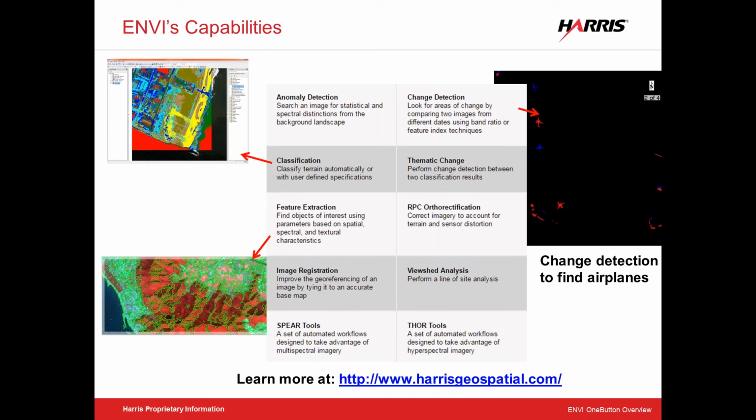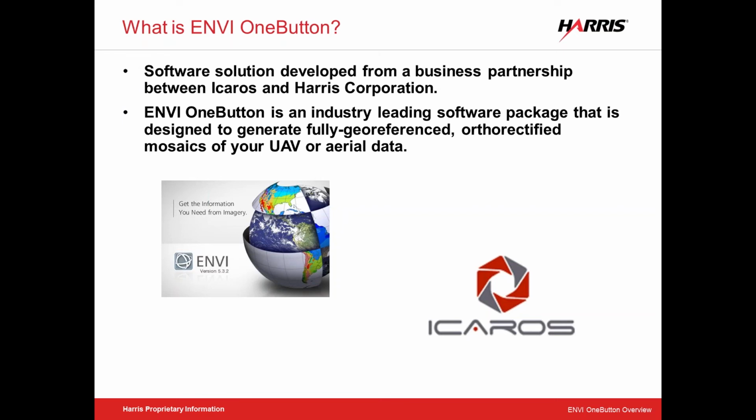This is just a short list. It's by no means inclusive of all the different tasks and workflows that we have. But we do lots of image classification, feature extraction, change detection. We also work well with multispectral and hyperspectral data for doing species identification and things like that. But that's enough with ENVI.